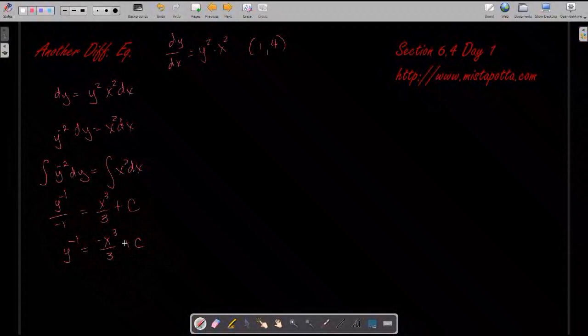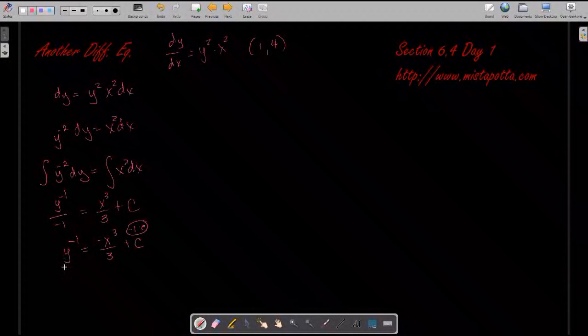Now I say plus a constant instead of minus a constant because -1 times a constant is actually going to give me a constant value. And rather than just litter this thing with all these different letters, I know that C is the constant that I'm going to be working with if it's being added or subtracted.